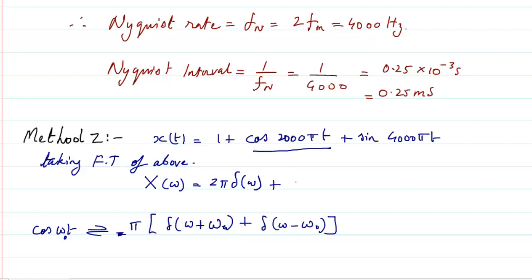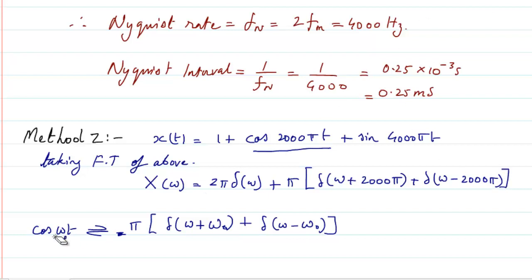So based on that logic, for this one, what will we get? We will get pi delta omega plus 2000 pi plus delta omega minus 2000 pi.